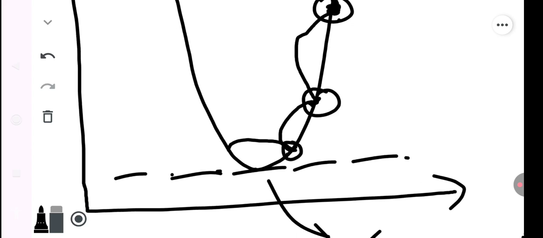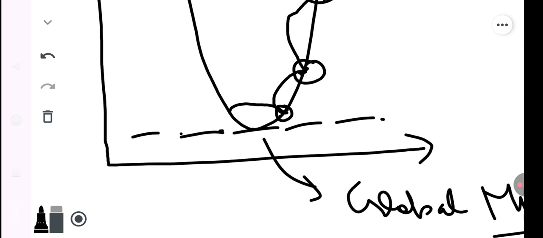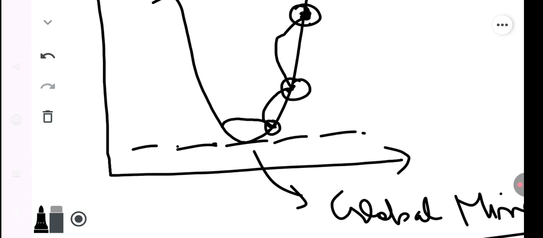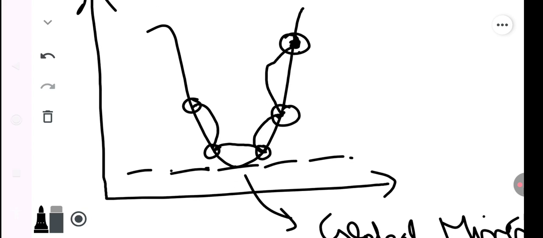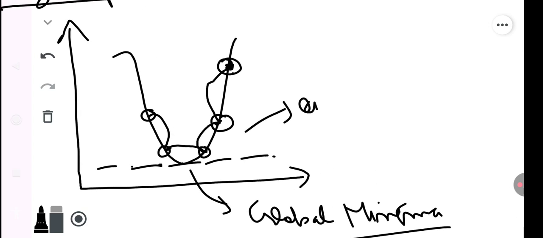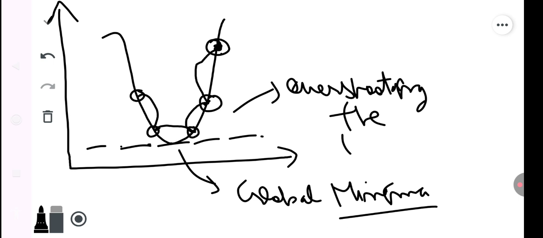What will happen if I miss this global minima point? I'm reaching here, then here. You can see that I'm overshooting the valley, which means that I'm missing my global minima point.